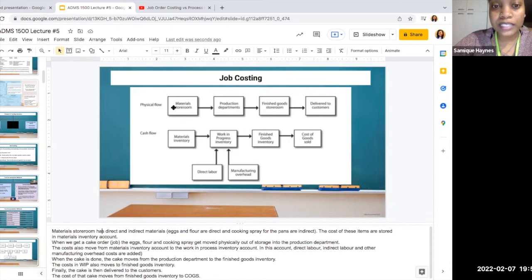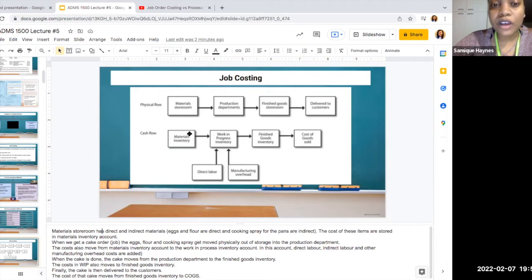So whenever we get a cake order, the eggs, flour, and cooking spray get moved physically out of storage into the production department. Whenever we get an order for a cake, we have to go to the storeroom and bring in all the materials that we need, and they sit in the production department.